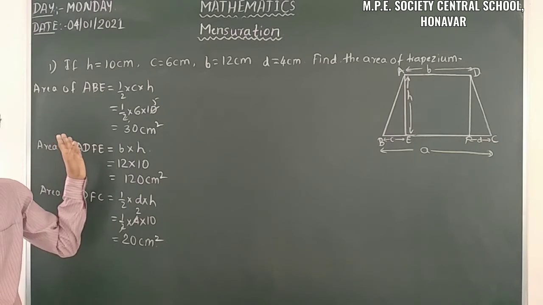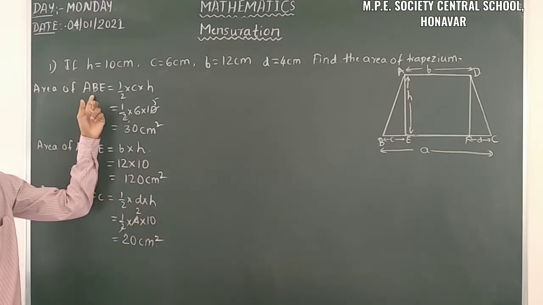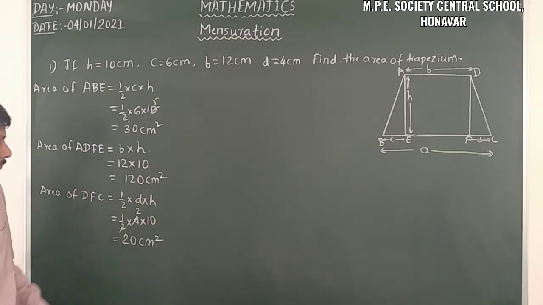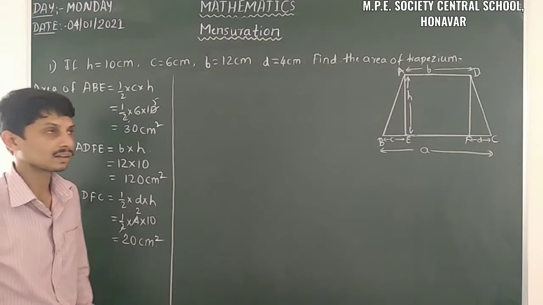We know that the area of the complete trapezium is equal to the sum of the area of triangle ABE, area of rectangle ADFE, and area of triangle DFC. So let us add all these things.